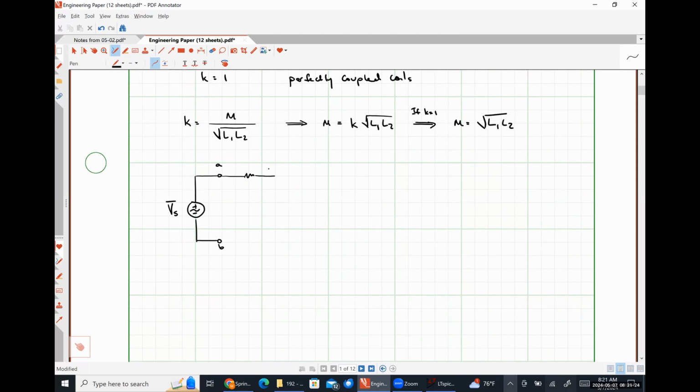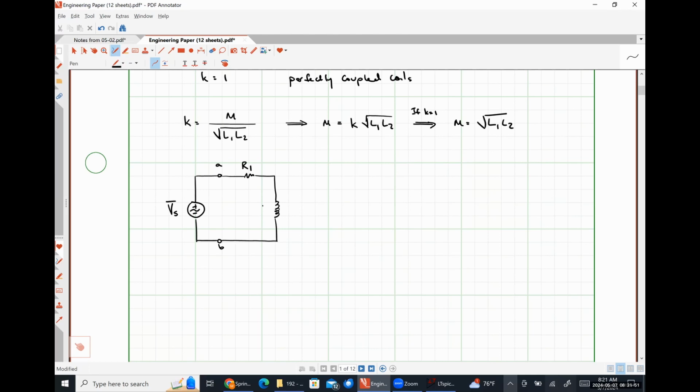And then we would have some resistance R1 representing the AC resistance of the wire that's used to make the winding of our coil L1. That AC resistance is typically a little bit larger than the DC resistance that you would measure with a multimeter.